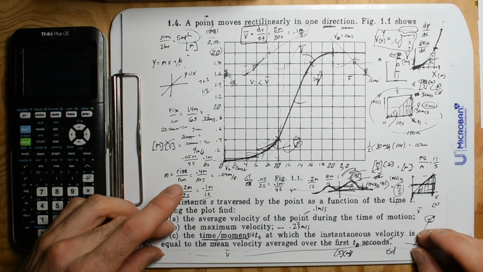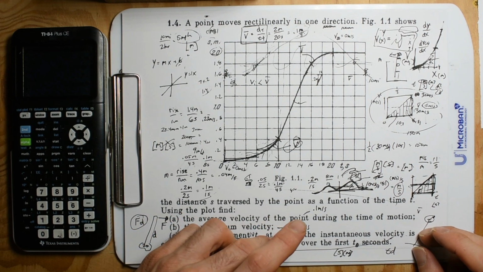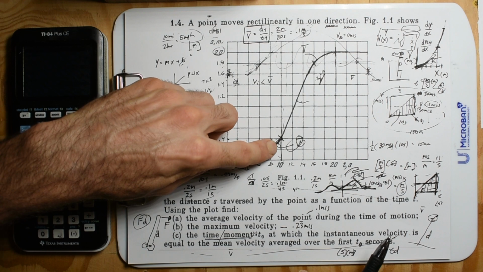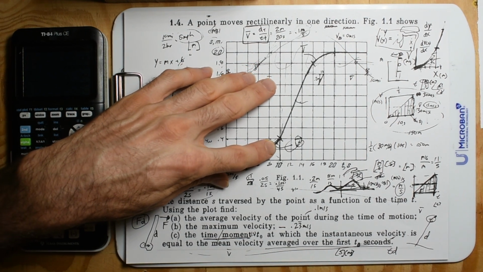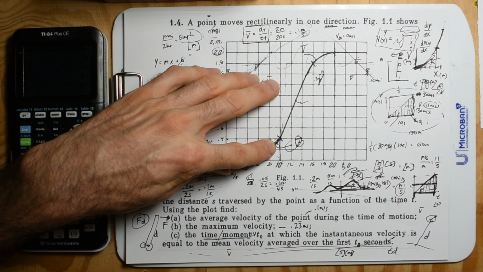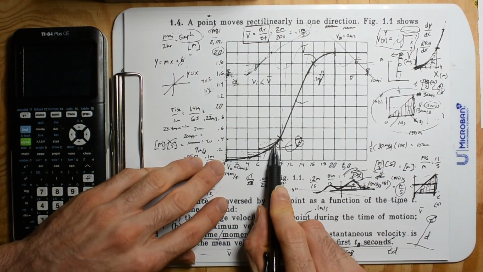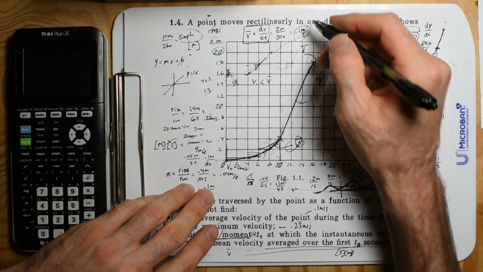I hate this, man. The time moment t naught, at which the instantaneous velocity is equal to the mean velocity. But then this part, averaged over the first... Oh, so they don't want the instantaneous. Okay, so here, what's the slope of the average velocity?